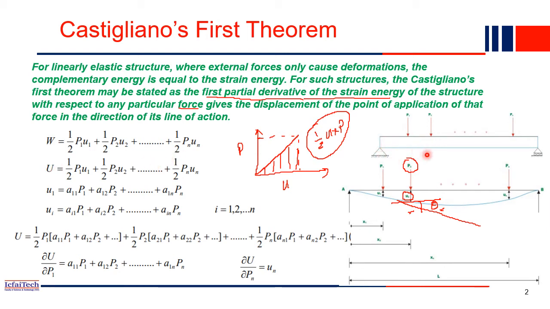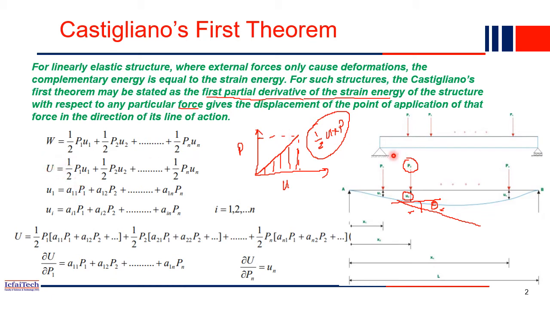So the total work done externally applied is stored in the material inside the beam as internal energy U. That is our conservation of energy theory, right? W is the external energy, U is the internal, and both are the same.